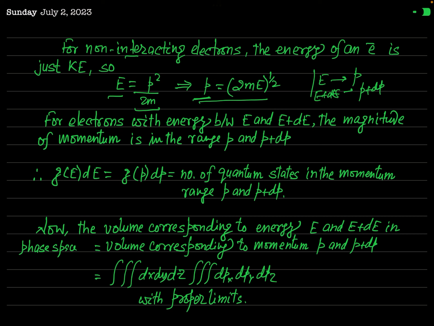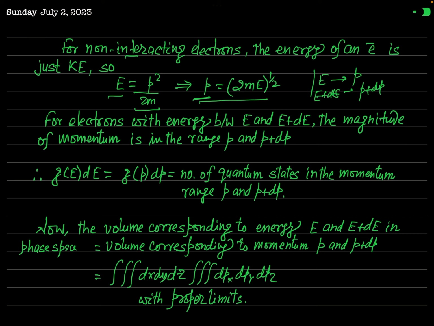So the number of quantum states between energy E and E plus dE, and the number of quantum states between momentum p and p plus dp, both will be the same.